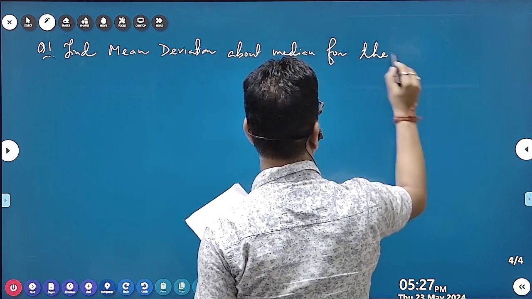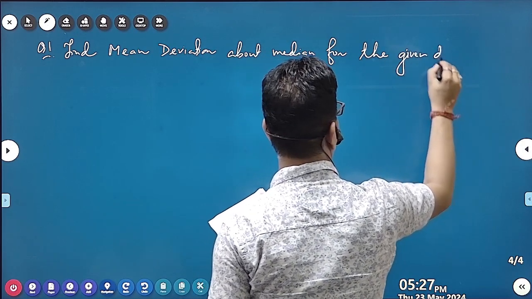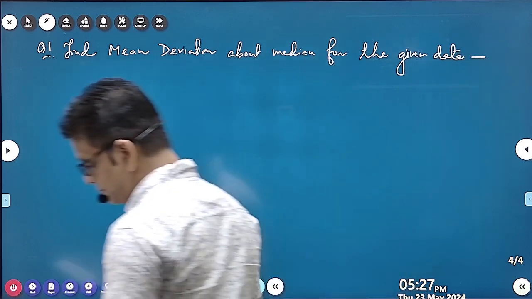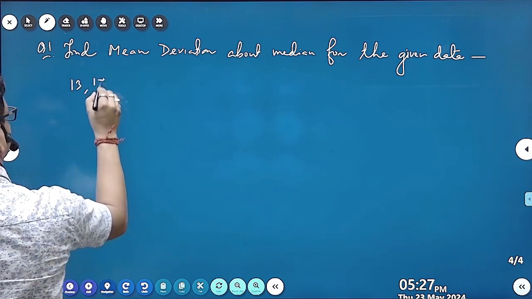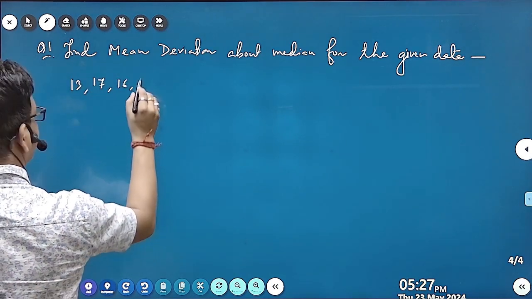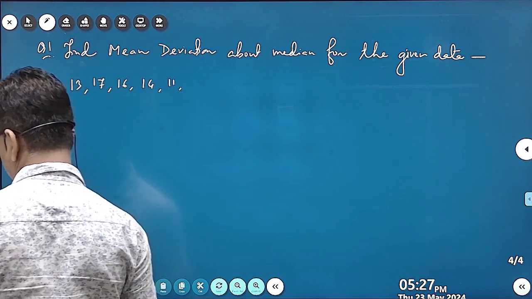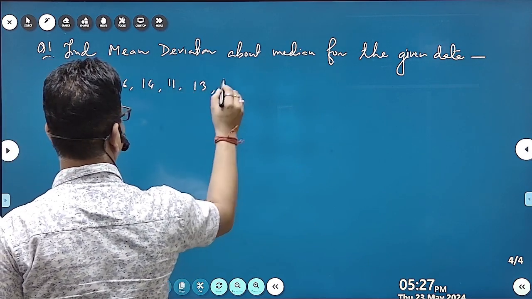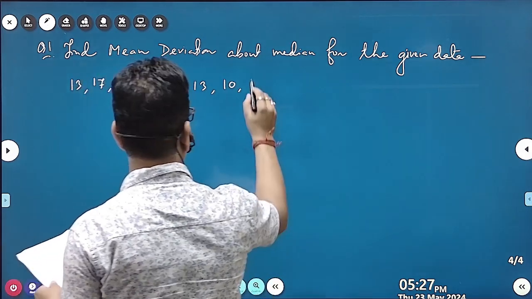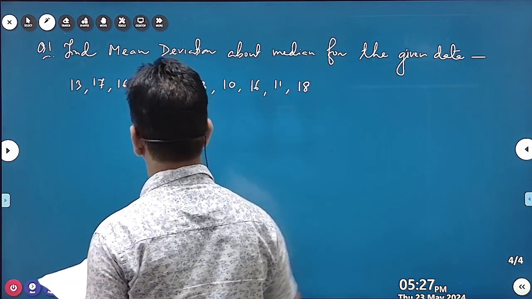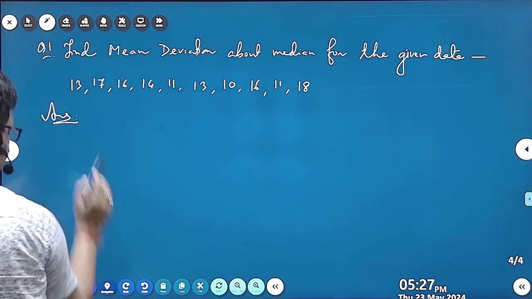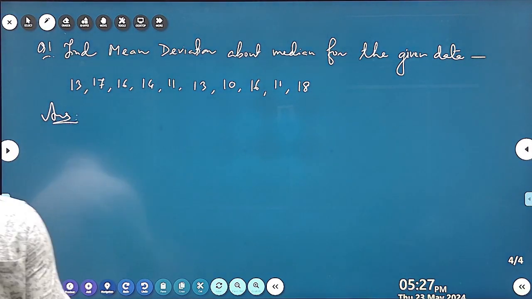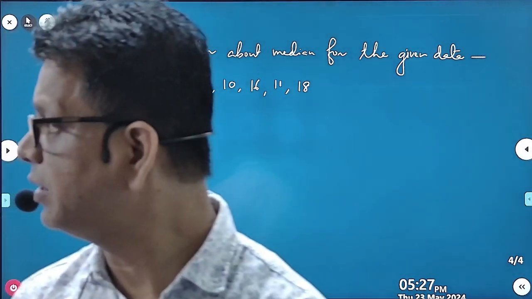Suppose the data is 13, 17, 16, 14, 11, 13, 10, 16, 11, 18. I'm making it a little smaller data. So we have to find the mean deviation about median. Then you'll also try the mean deviation about mean.